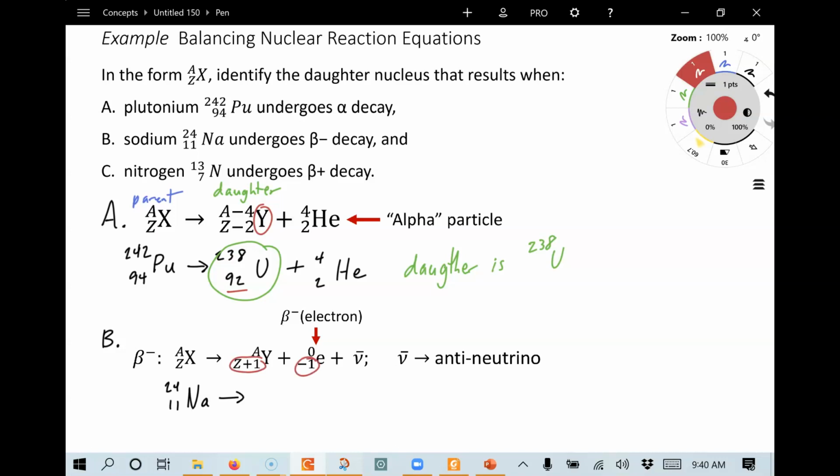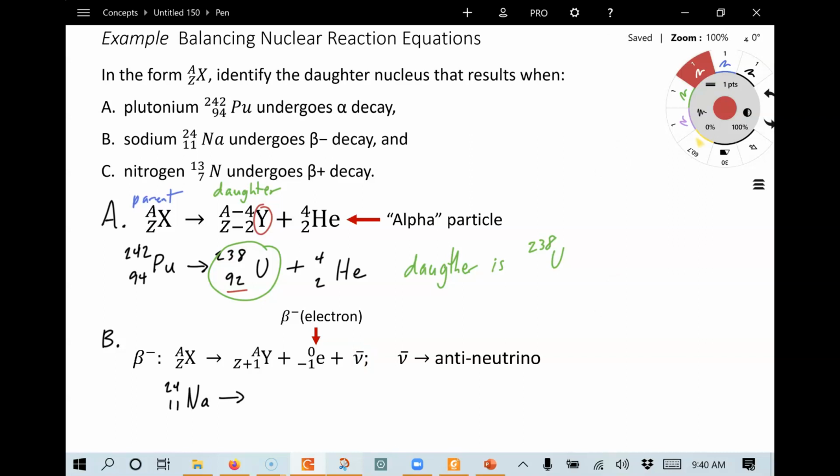We need to add to the number of protons so that when you add Z plus 1 plus a minus 1, you end up with just Z. And so that works. Now the third conservation rule is lepton number. It turns out when you make an electron, you need to get this antineutrino to balance those, so the two things cancel. Don't worry too much about that, but that's just what the equation looks like. It's an additional conservation rule for nuclear processes.